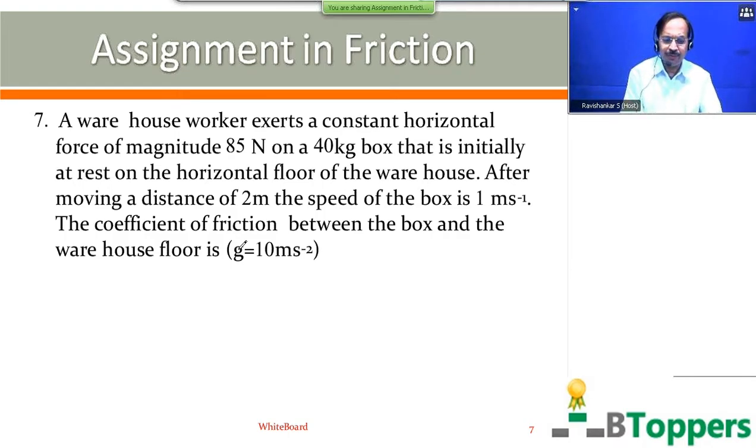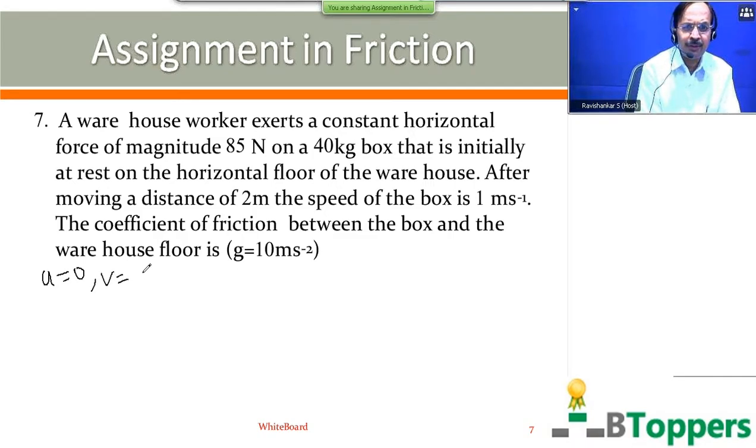You may assume acceleration to be constant. You can first calculate the acceleration of the body by using the equations of one-dimensional motion with constant acceleration. The initial velocity is 0. The final velocity is 1 meter per second after it has traveled a distance of 2 meters. Let us first find the acceleration using the equation in terms of u, v, a, s.